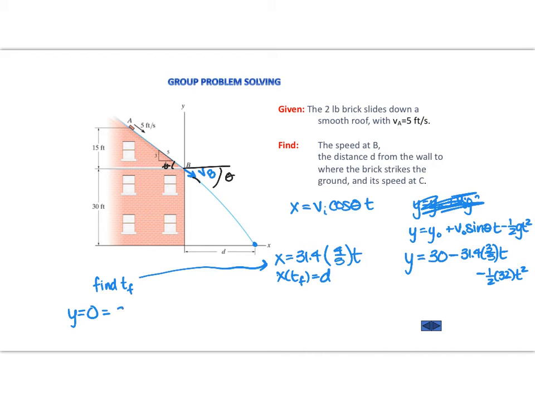And so that would be equal to 30 minus 18.84 t minus 16 t squared. Using the quadratic formula, t I found is 0.9 seconds, and that's the time of flight.